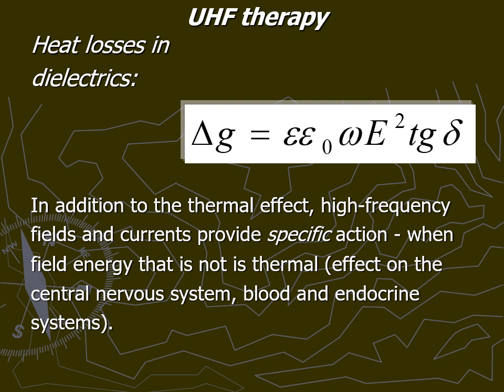And besides, we remember the specific effects with the help of this device at high frequencies, and we apply this technique in order to affect the central nervous system, the endocrine and circulatory systems.